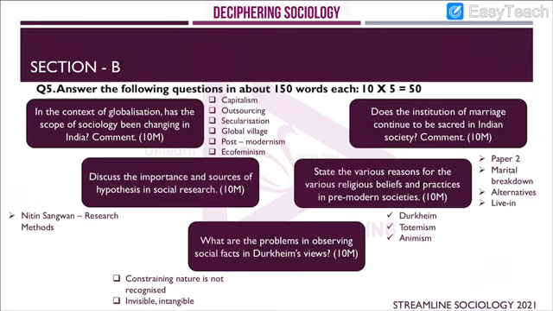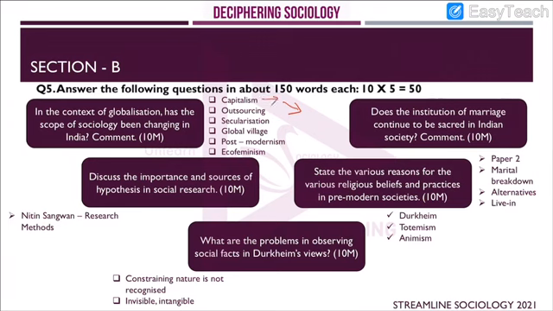The next set of compulsory questions, the first one was on globalization and how it has affected the scope of sociology in India. Now, with globalization, what has happened is that the issues which were happening in other parts of the world started affecting or reaching India too.